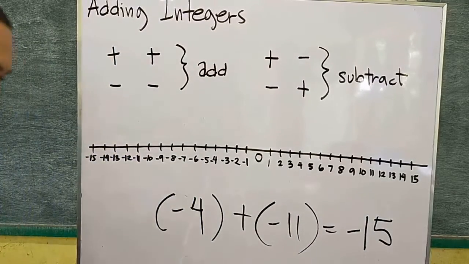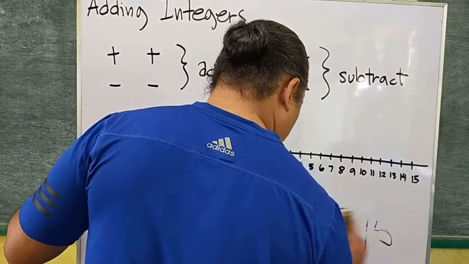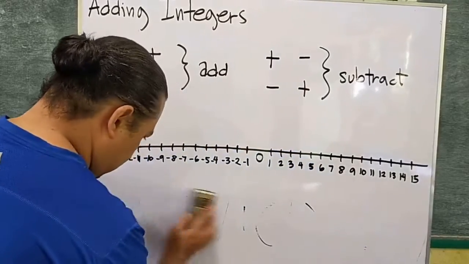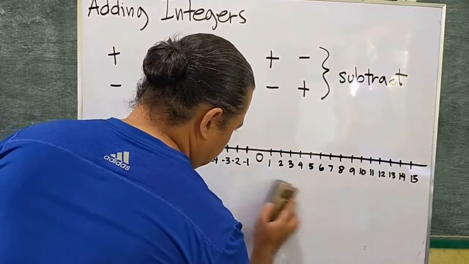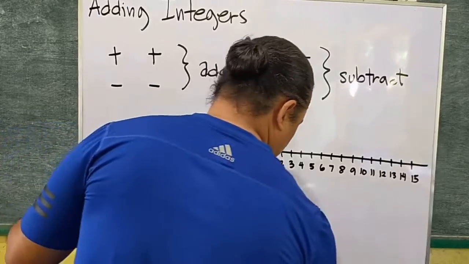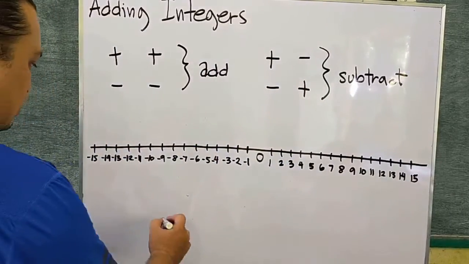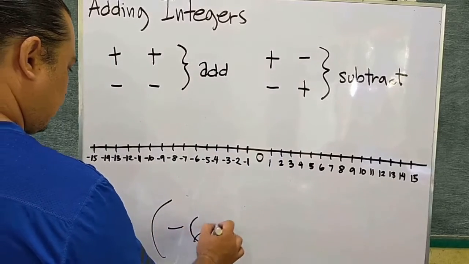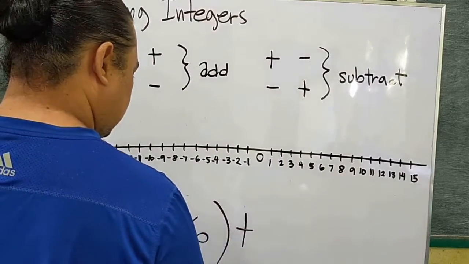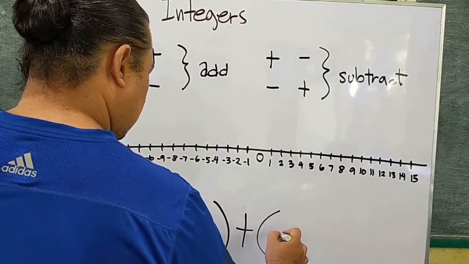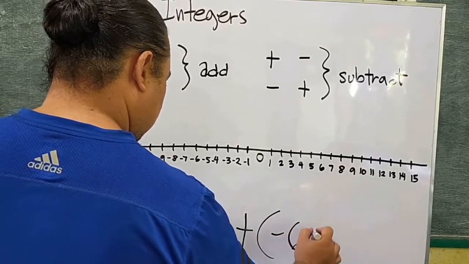Okay? Let's have one last example for like integers. Okay? Let's have negative 6 plus negative 6.